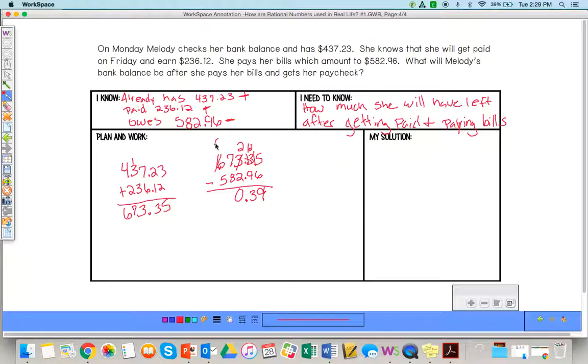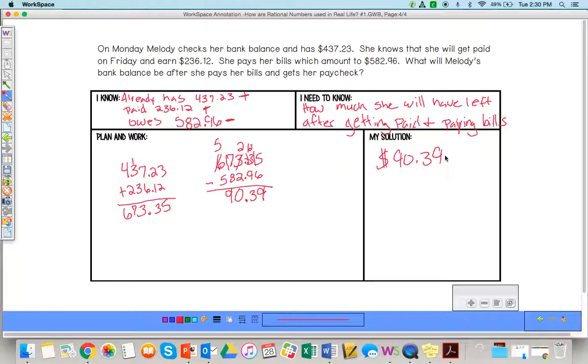Okay, I have to borrow from here. 17 minus 8 is 9, and 5 minus 5 cancels out. Okay, so she will have $90.39.